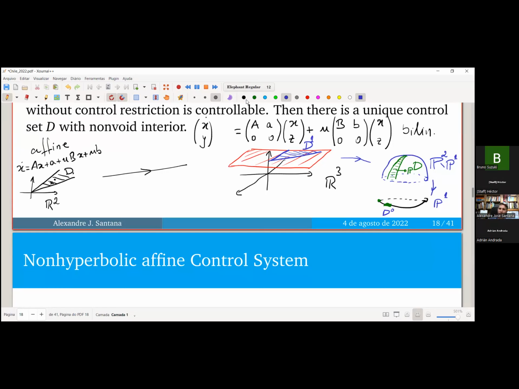And in this construction, we can prove that this system in P1, in this projective space, is just the homogeneous part of the original system. So the idea is trying to relate the control set of the affine system with the control set of its homogeneous part using this construction, this projectivization.